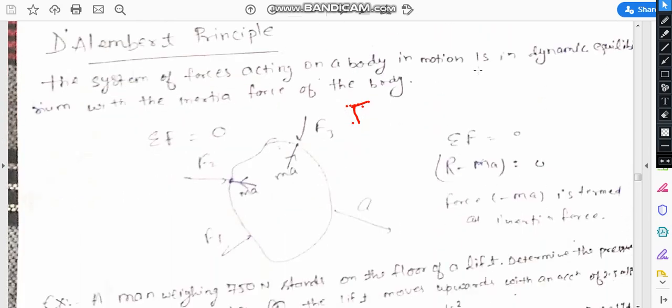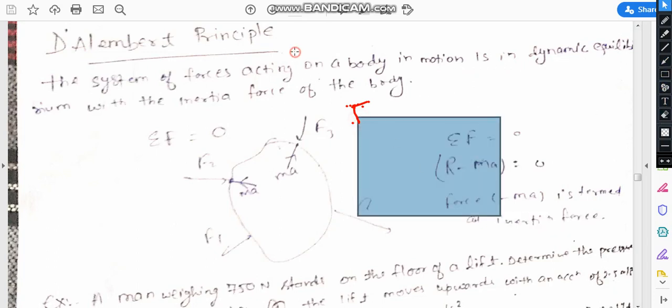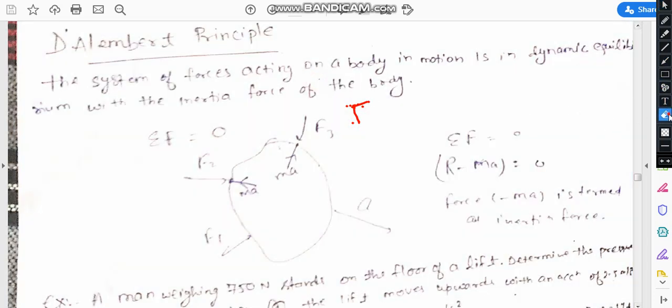the system of forces acting on a body in motion has an overall resultant of 0. Okay, so now come to this point.